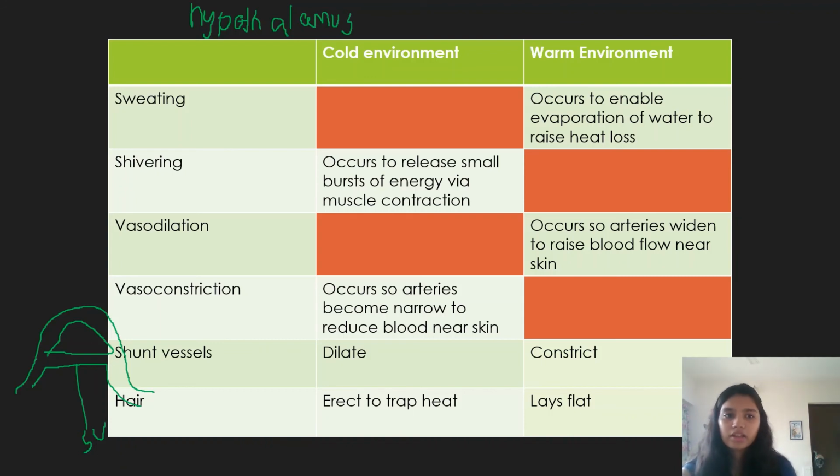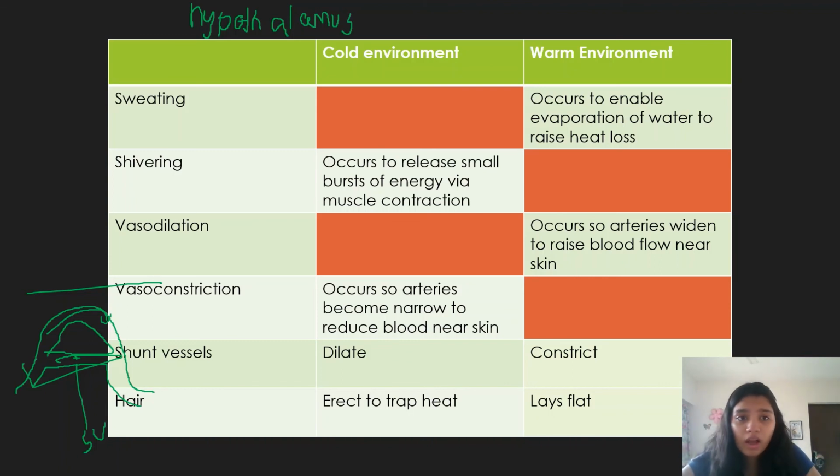This is a capillary. So basically what happens is it dilates, so more blood passes through here, and these shunt vessels constrict, so less blood passes through here, and more passes near the skin. And your hair lays flat. This is because it increases the surface area for evaporation. So your hair erector muscles probably relax to let your hair lay flat.